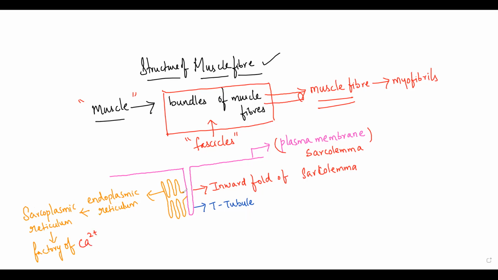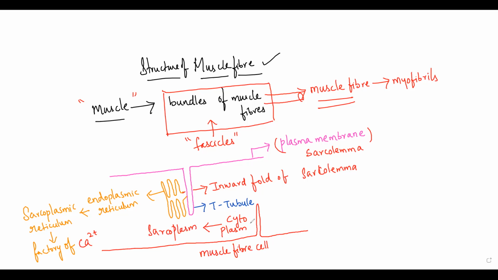Now, children, secondly, the cytoplasm here in a muscle fiber. This is the muscle fiber, and it's another T tubule. So this is a muscle fiber cell. What will the cytoplasm be called? As sarcoplasm. Okay.